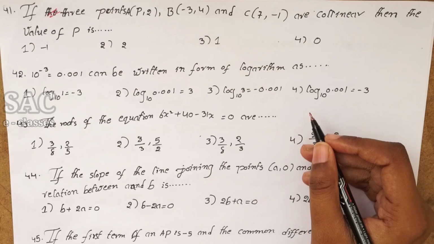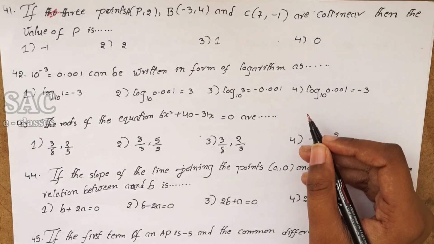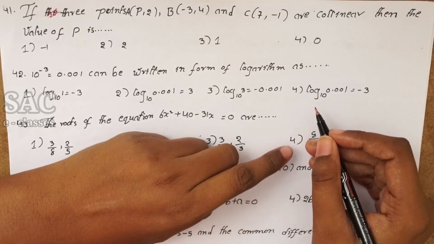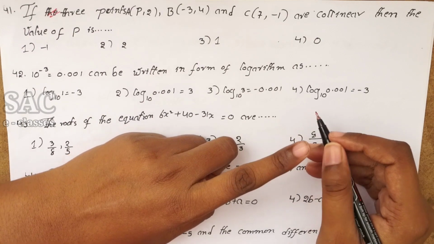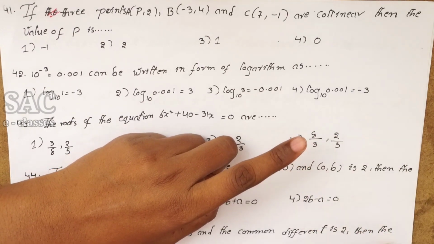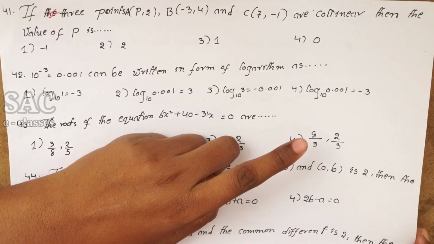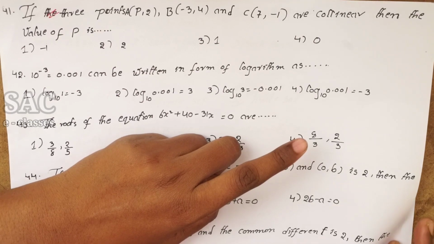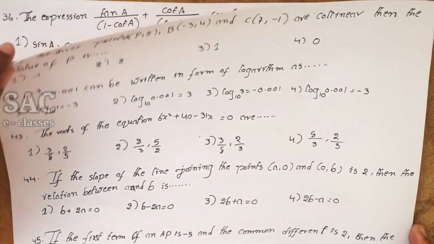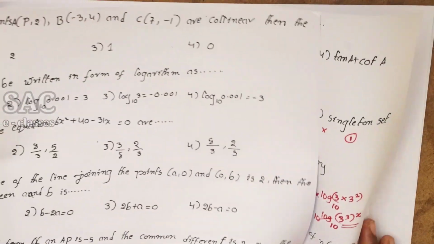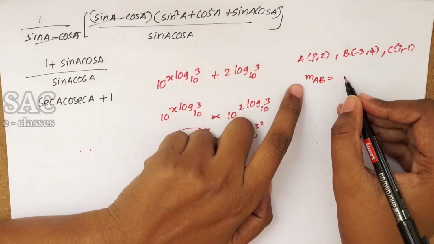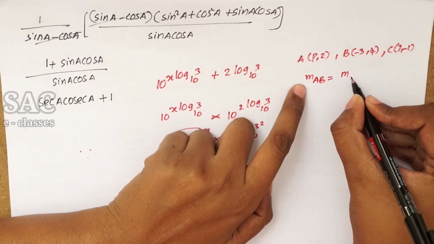If 3 points A(P, 2), B(-3, 4) and C(7, -1) are collinear, then find the value of P. Usually when collinear is mentioned, we know that the area of the triangle is 0. Is there another way to say the 3 points are collinear, with the help of their slope also? Slope is easier. That is why I am going to find the slope of AB, which is equal to the slope of BC.